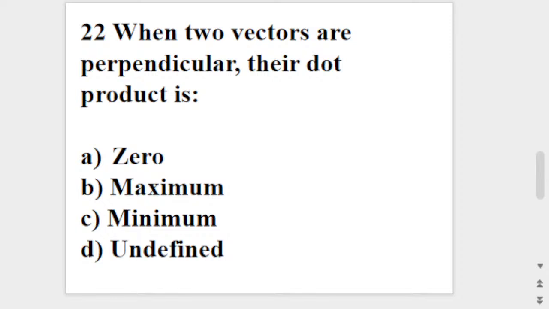Now, this is the formula for calculating the dot product if you have vector A and vector B. Don't forget, whenever you see this in physics, it means magnitude of A. When you see this, it means magnitude of B. So the dot product of vector A and vector B is equal to the magnitude of A times the magnitude of B times cosine of the angle between them.